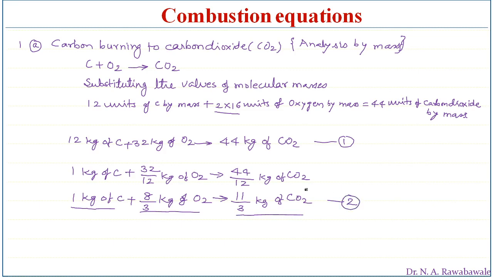Coming to the next aspect, 1b. So here carbon burning to carbon dioxide, and this analysis was made on the mass basis. Same analysis we will be doing with the volume analysis, and that we call 1b. This is 1a.